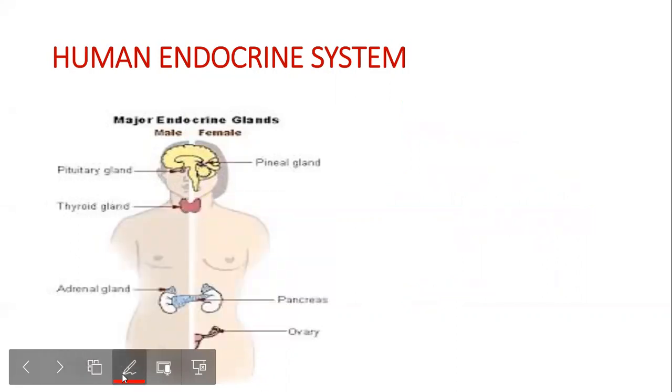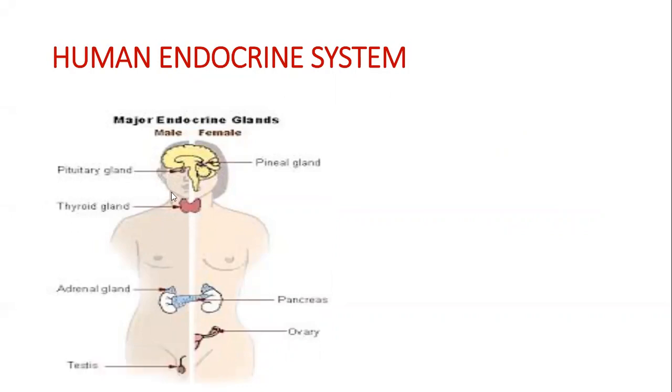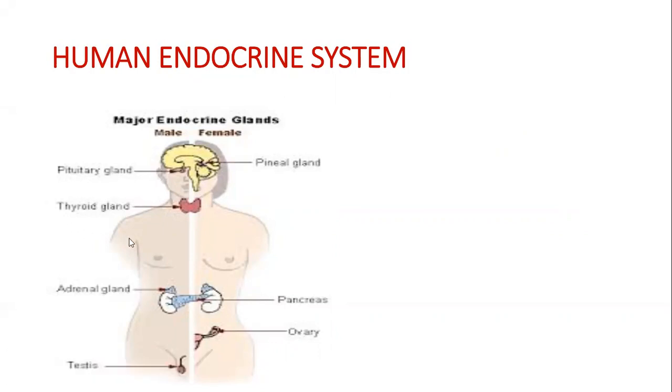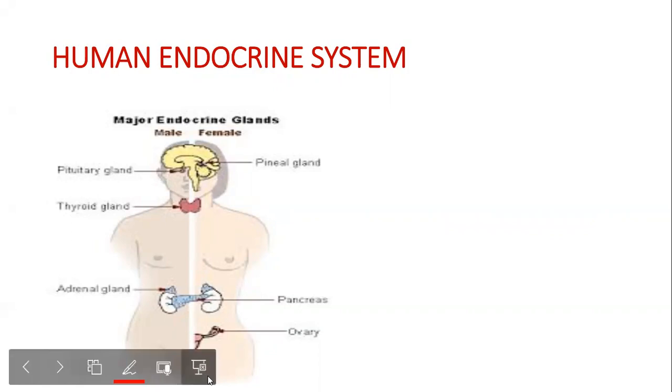Now, in this picture, you can see major endocrine glands. The endocrine glands located in different parts of the body are the pituitary gland, pineal gland, thyroid gland, adrenal gland, pancreas, ovary in females, and testis in males.